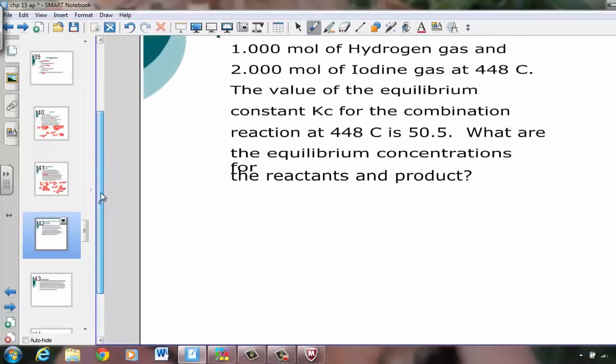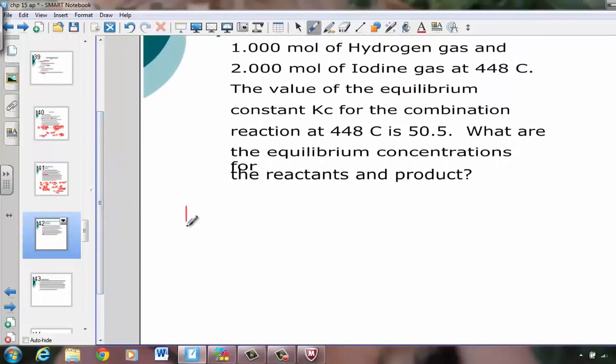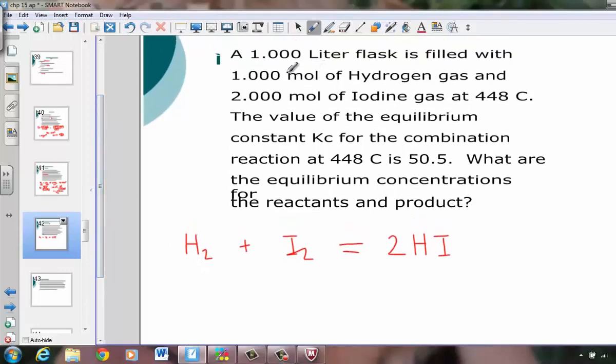So we have a reaction vessel where we have hydrogen gas. I'm going to write that out as H2, molecular hydrogen. And iodine gas is also in molecular form, so I2, setting up a dynamic equilibrium for this combination reaction, 2 units of HI. Now, thinking about this word here, it's charged with, it's filled with, what that's telling us is its initial concentration. So we have the beginnings of an ice chart.